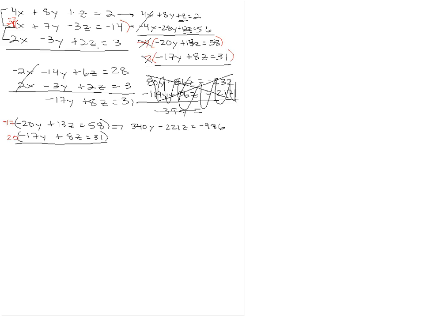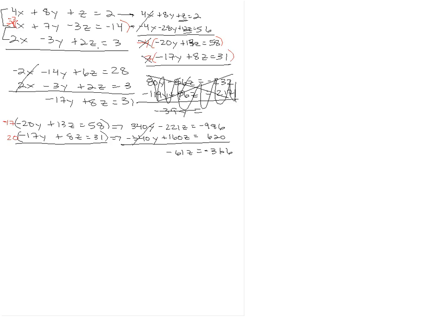This one is going to give me a negative 340y plus 20 times 8 is 160z equals 31 times 20, which is 620. All right, those cancel out. What do I get here? 221 minus 160. I get negative 61z equals negative 366, right? 986 minus 620.